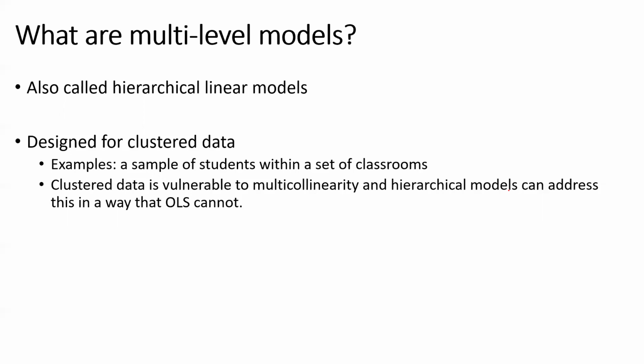But also cluster data is vulnerable to multicollinearity, and these hierarchical models can address this in a way that ordinary least squares regression cannot, because they can take into account the fact that you would expect students in the class to have similar experiences and therefore answer in similar ways to particular variables.